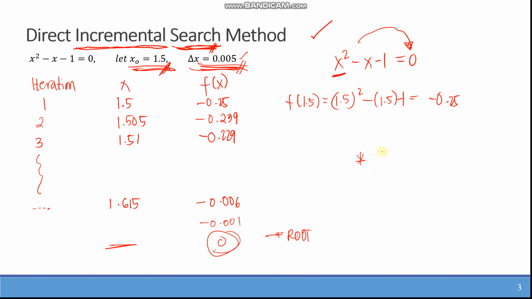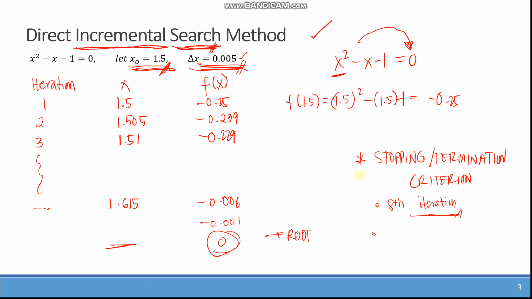Okay, if you remember, we have the stopping or the termination criterion. It means we stop calculating. Let's say the problem says iterate only up to the 8th iteration. If you arrive at the 8th iteration, then you're going to stop.